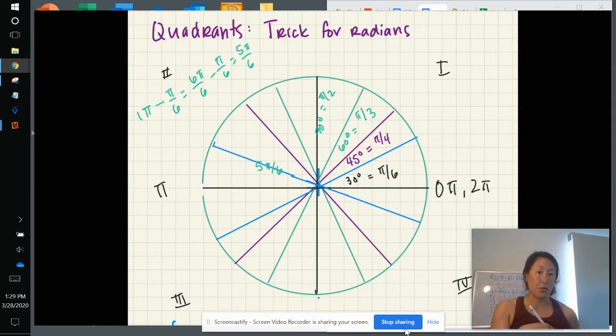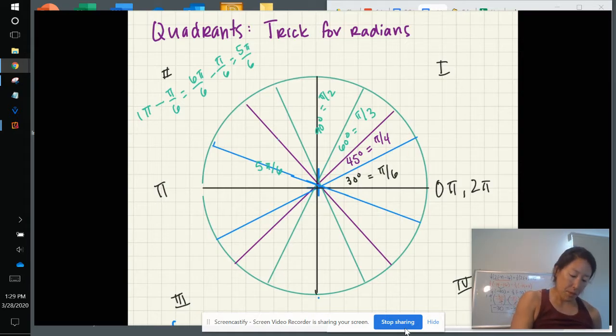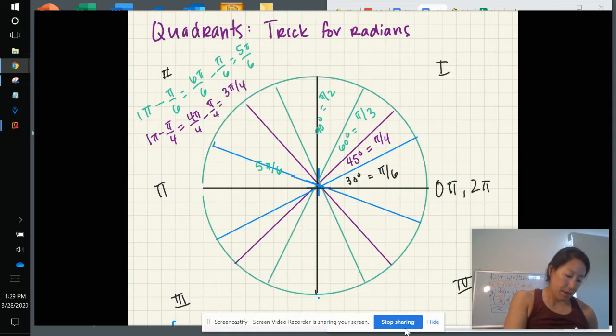I have almost a full half rotation of the circle, but it's missing one piece. So this one, the purple, I'm going to start with 1 pi minus 1 wedge. This is that 1 wedge that I'm going to back up, of pi over 4, so that's 4 pi over 4 minus pi over 4, which gives me 3 pi over 4. So the purple is 3 pi over 4. The trick here is you look at the denominator and then you subtract 1 wedge.